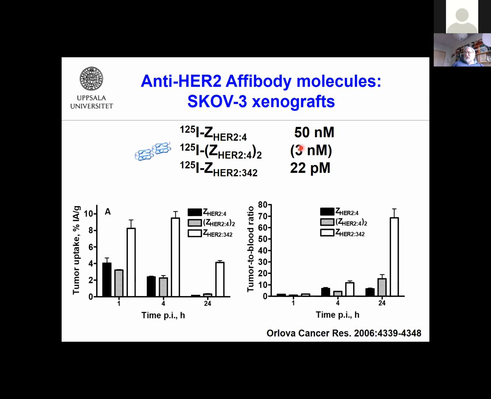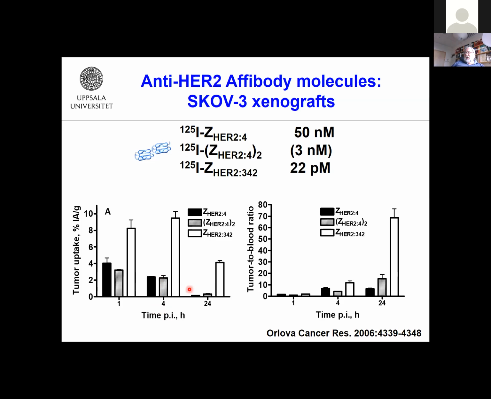And that was not really good. So to overcome this problem, we created a dimer, and the dimerization per se worked very well. We had more than an order of magnitude improvement of affinity.